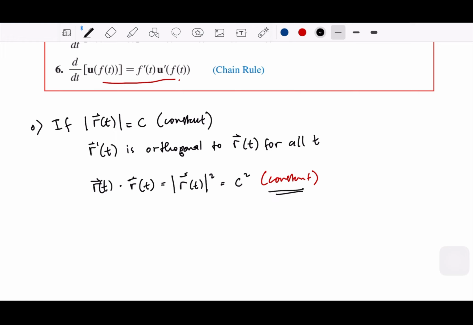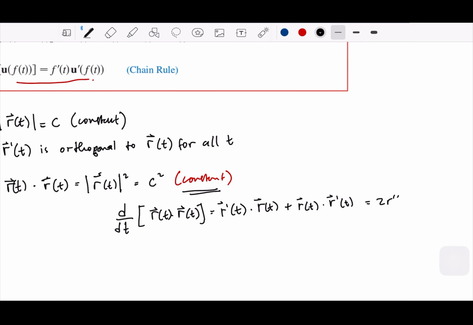And because it is a constant, if we differentiate, then this will be 0 because the derivative of a constant is 0.